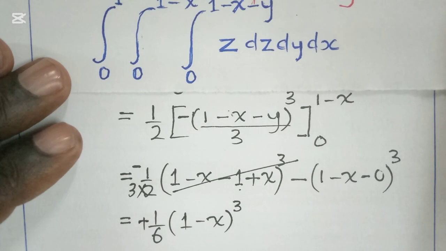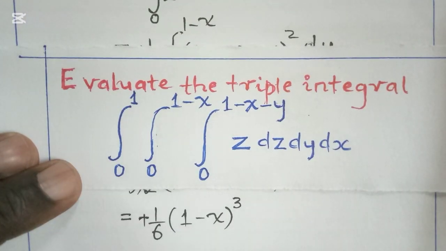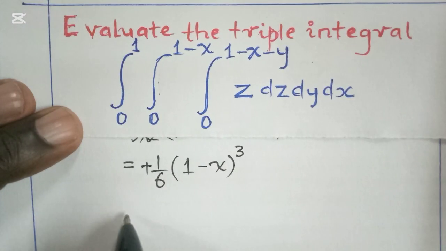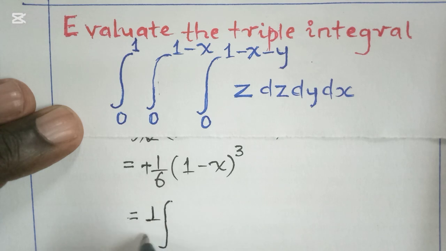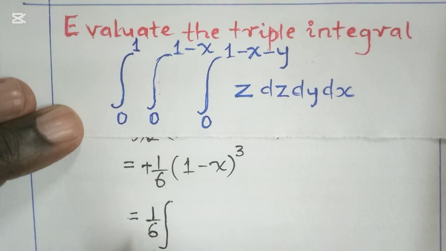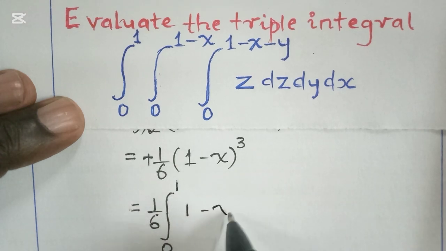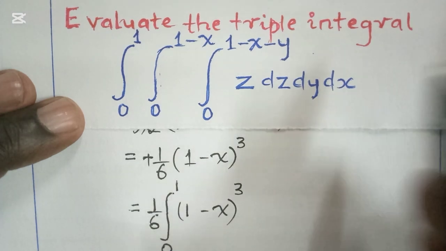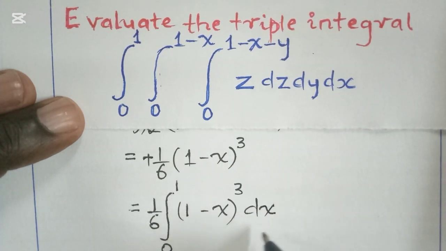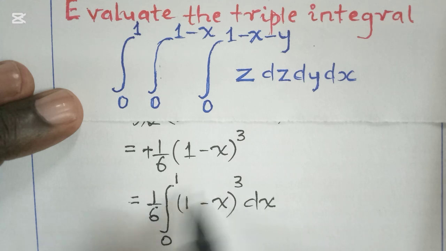Guys, we come now to a final integration, which is now from 0 to 1. We are going to write the integral. Here we have 1 over 6, and from 0 to 1 of 1 minus x raised to 3 with respect to dx. So guys, just as we have said, this can be thought of as u.